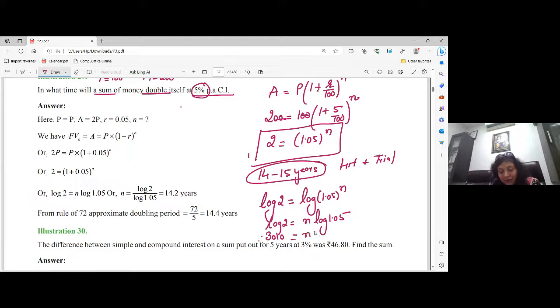Similarly, you have to find out log of 1.05. 1.05 square root 19 times, 1, 2, 3, 4, 5, 6, 7, 8, 9, 10, 11, 12, 13, 14, 15, 16, 17, 18, 19. Minus 1 into 227695. So this becomes 0.0211.